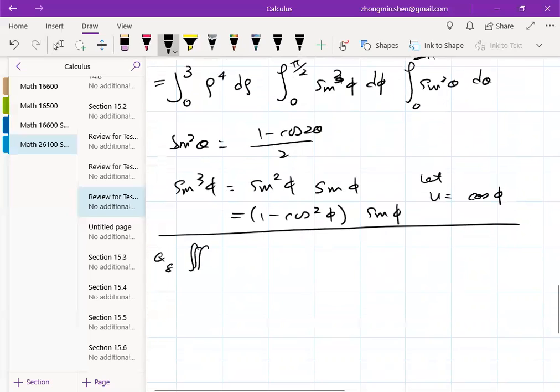The next one is also a triple integral. It's the same story for today's quiz also.